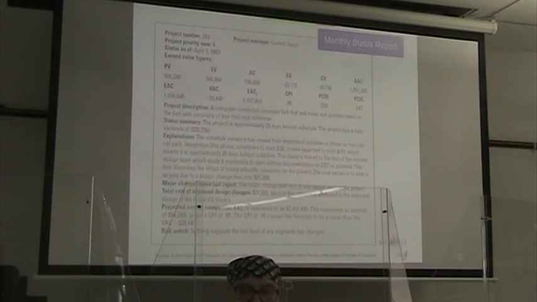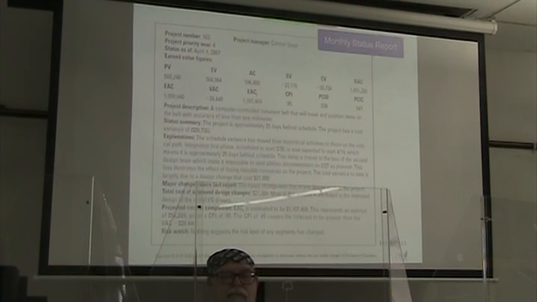All right, so here we have a monthly status report. As you can see, this is not that complicated. We have the planned value, the earned value, the actual cost, the schedule variance, the cost variance, and the budgeted amount to complete.